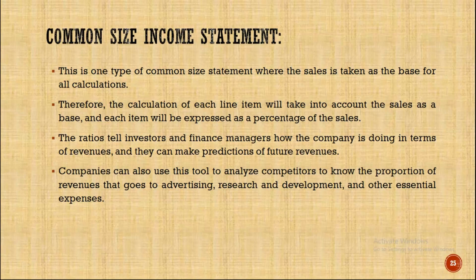Therefore, the calculation of each line item will take into account the sales as a base, and each item will be expressed as a percentage of the sales. This is a very important thing in case of common size income statement. All the line items are compared with the sales.